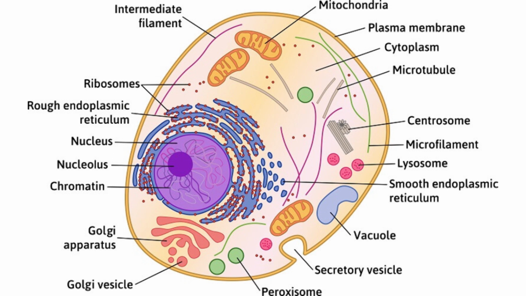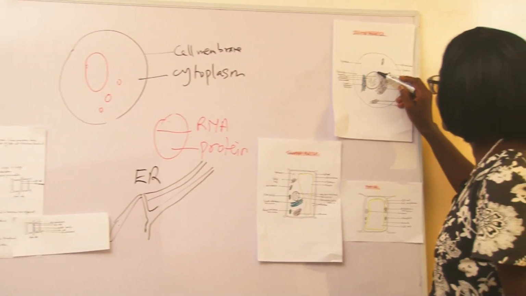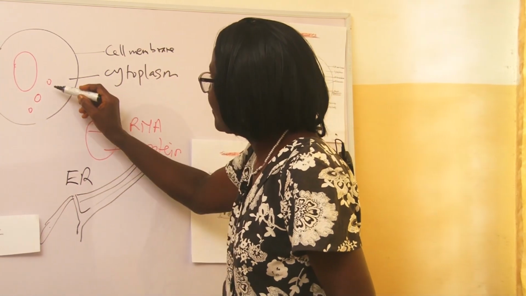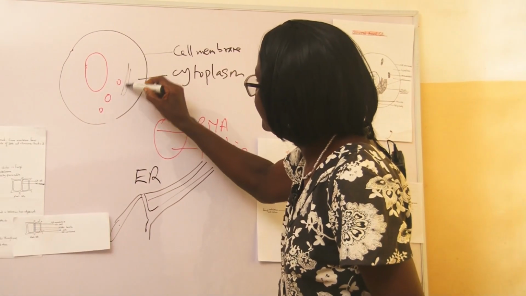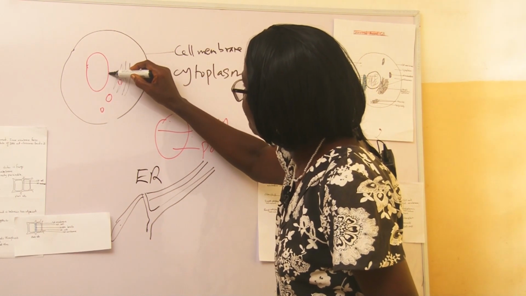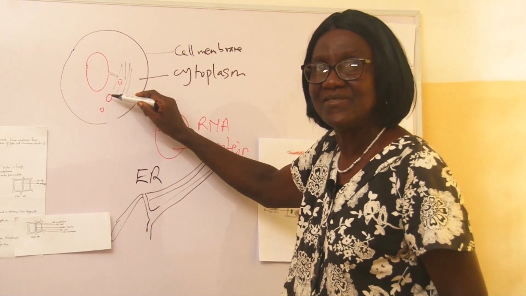That's the ER here, membrane-bound canals or channels. Now, these membrane-bound canals, some of them are connected to the nucleus. So if there's the ER, there are channels. Some of it is connected to the membrane around the nucleus in animal cells.